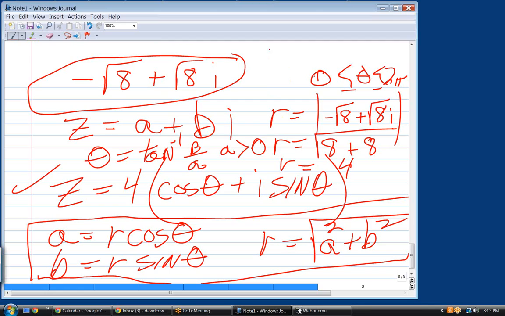Well, in this case, that means the inverse tan of square root of 8 over negative square root of 8. Since the negative is in the bottom, we got to add 180 degrees to that. And that is minus 45 degrees, which means after we add 180, we're at 135 degrees. So for theta, I can substitute 135 degrees or its radian equivalent.